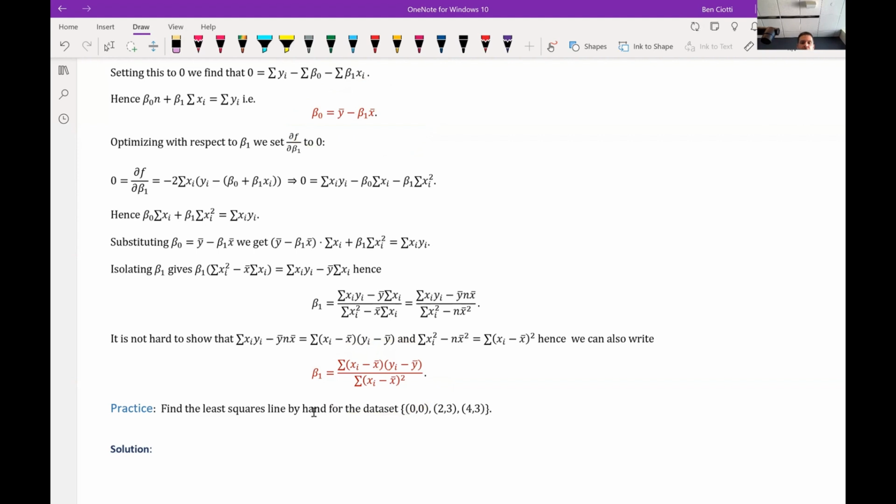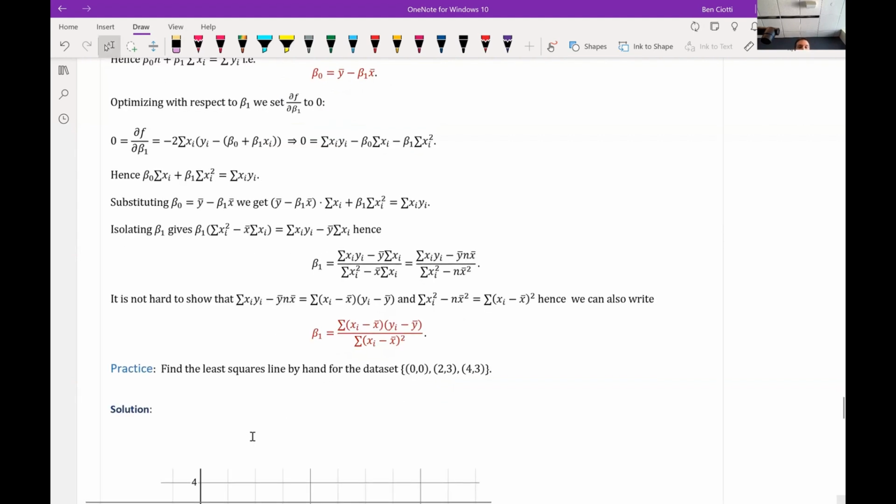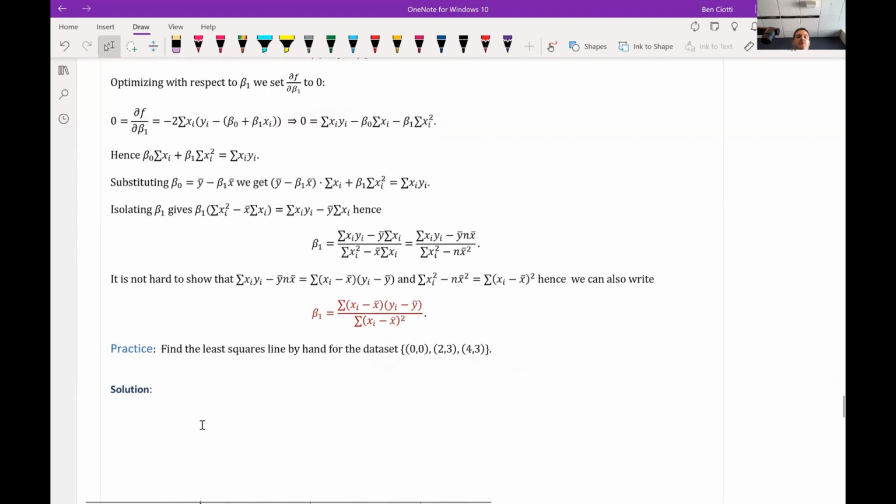So let's practice. Let me now actually plug in values to those two equations and compute those coefficients for that same data set that we were just looking at in the previous example: 0, 0, 2, 3, 4, 3. And let's see what the true least squares line is.